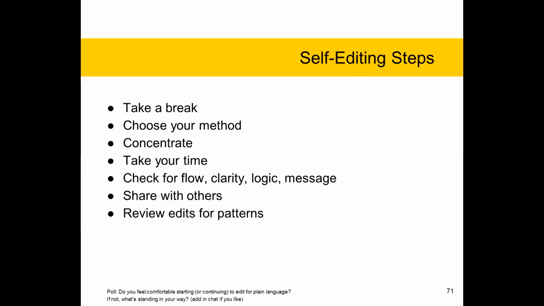Now, one of the things I am doing is trying to come up with a plain language process and a review negotiation. Like people say, will you review this? And I'm like, well, I'll review it for plain language, but I can't guarantee that it will be voice and tone. That's not necessarily things I'm looking for.